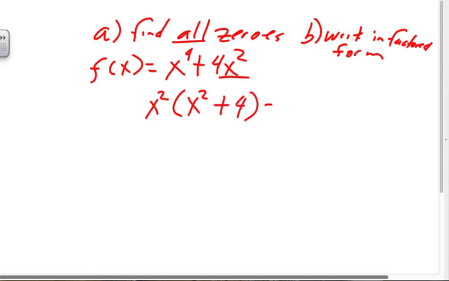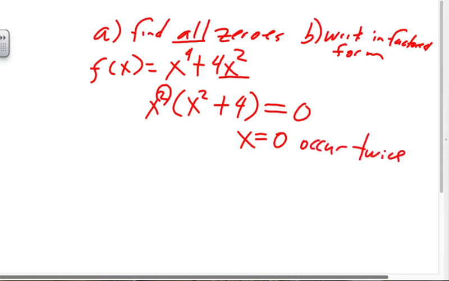And if I want to find zeros, I set it equal to 0. Okay, so my first zero then is going to be x equals 0, and it's going to occur twice. So I've got a repeated root, and the square tells me it occurs twice. So now I've got to set this equal to 0.